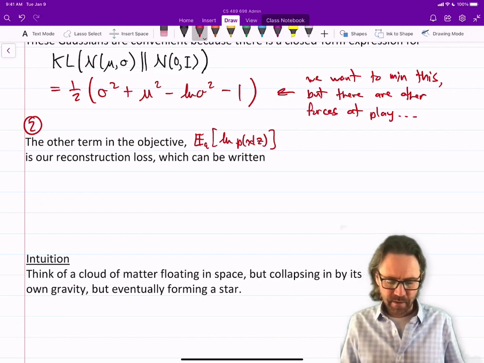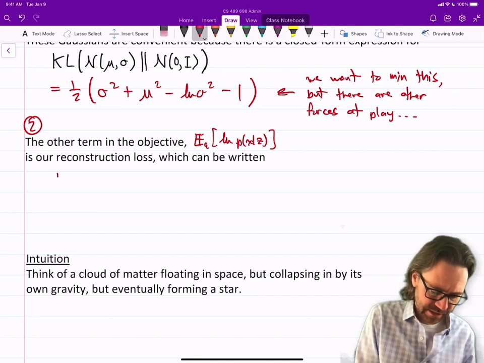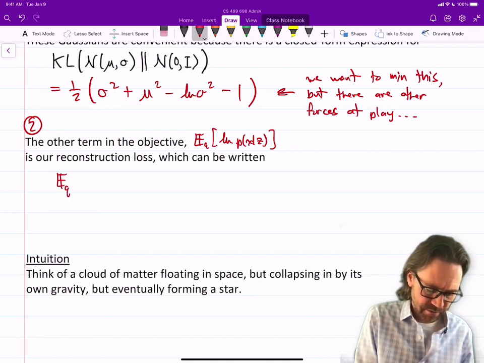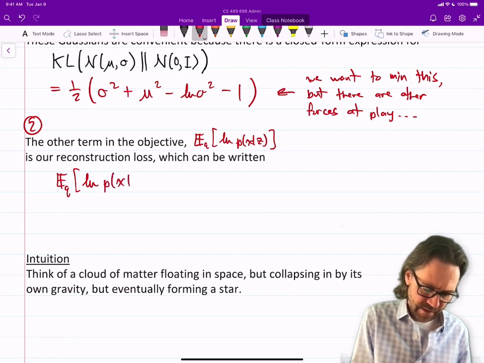So we're going to write that as the expected value of log p of x given x hat.